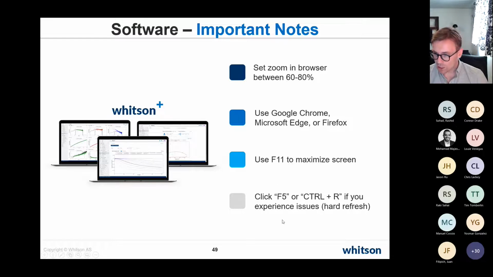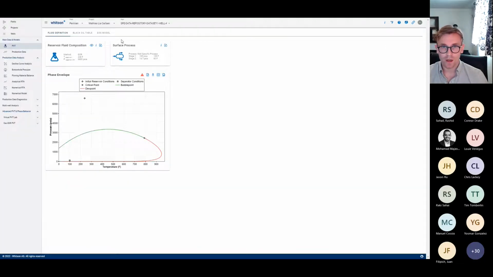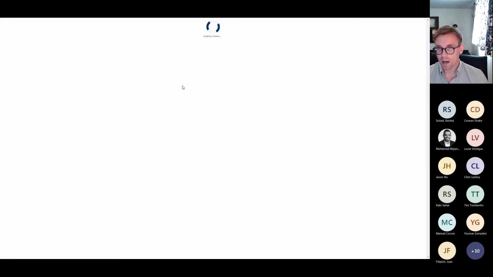If you have any issues with what's happening on the screen, if you're clicking a button, especially now when we're like 40 people clicking the same type of buttons and we're using a cloud system, if everyone clicks the same button, it might take a little bit of time sometimes. But if we're clicking the buttons and things do not update, then just do Control R or F5.